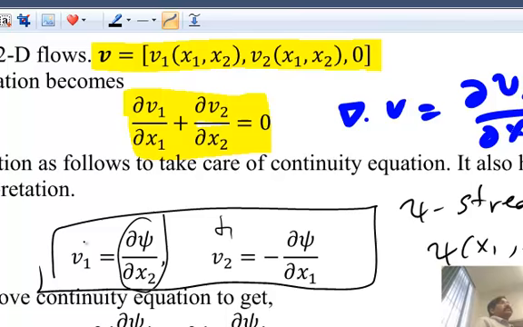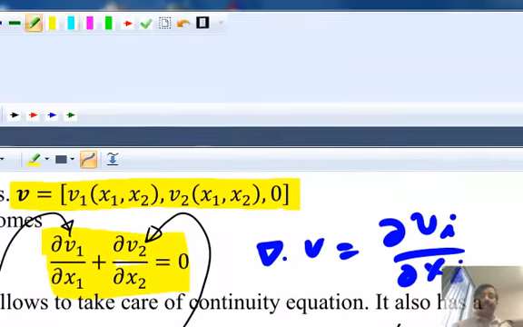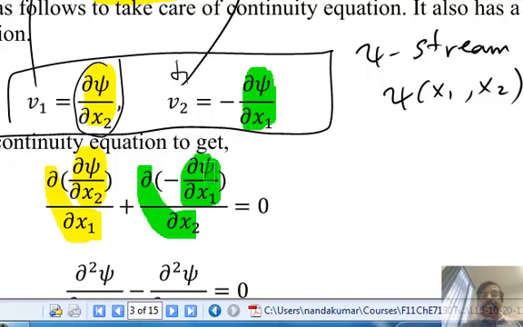Now, why do we define it like that? I said this is an arbitrary definition, but it's really not arbitrary. The advantage of defining it like that is that when I take the definitions and plug them back, for v1 here and v2 there, I will see that the continuity equation is automatically satisfied. So you have d/dx1 of v1, but v1 is dψ/dx2 according to the definition. Then you have the next term, d/dx2 of v2, but v2 is minus dψ/dx1.